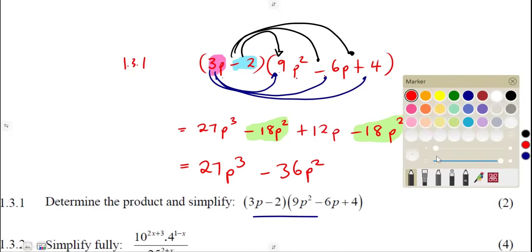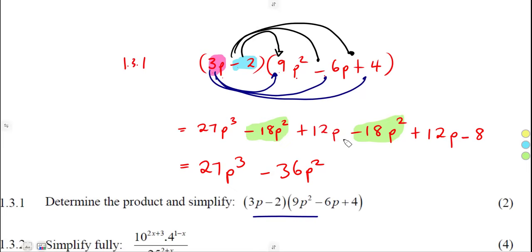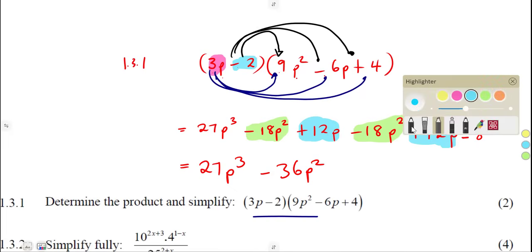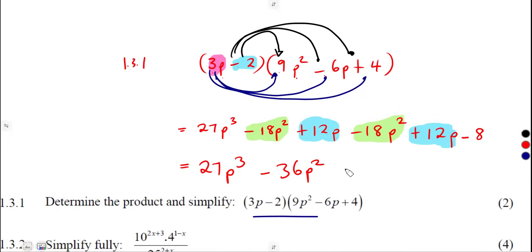They are also like terms. We have got the part of p, which is 12p here, and there is another 12p here. So we add 12 plus 12, that's going to be what? 24. All right, so that is going to be 24p. The minus 8 is just a constant on its own. So that is negative 8 at the end. All right. So this is what you're going to have, just like the previous case.